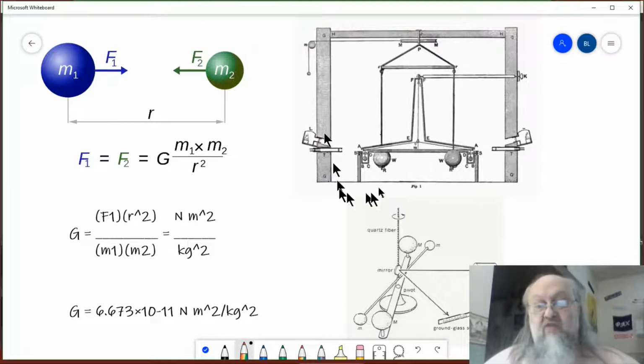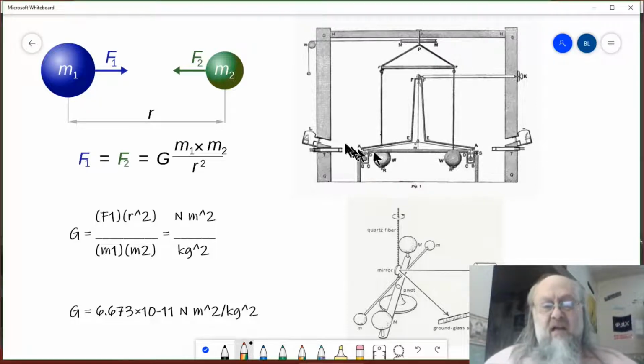Now, here's another picture of another thing they use. Cavendish used this one. This is a sketch from one of his notebooks, another scientist. And I don't totally understand, but I think what's happening is these are springs here. So I think when they roll these balls out into place, in between these two, that adds the gravity. And so now they're attracted to each other.